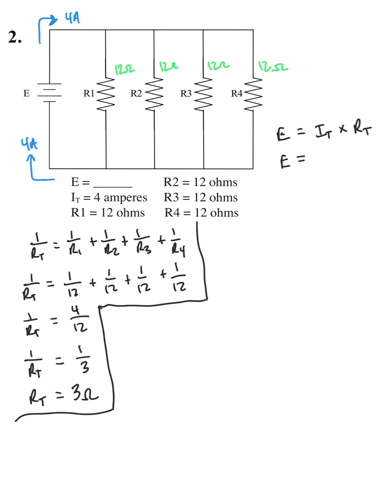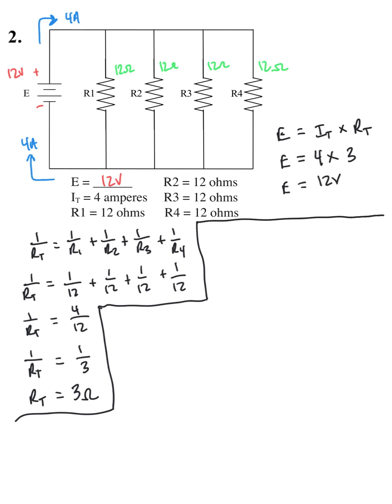So in this case, we've got total current of 4, and then we have 3 for resistance total, which makes our voltage value 12 volts. Okay, so that kind of solves one part of this, probably the only part the question is really asking us.